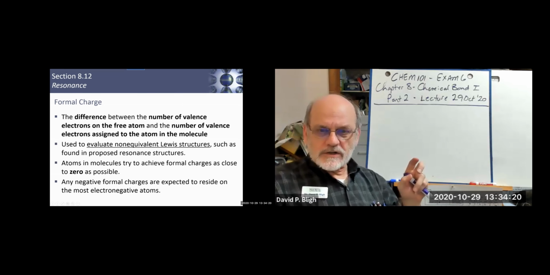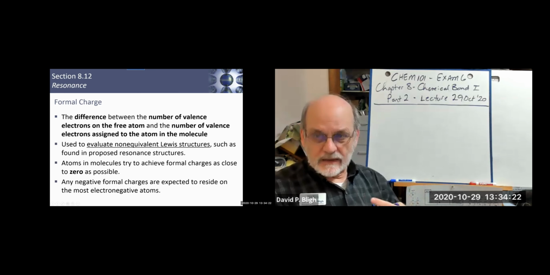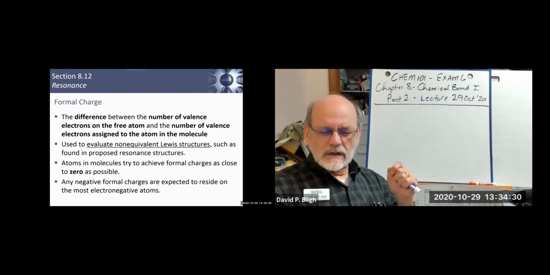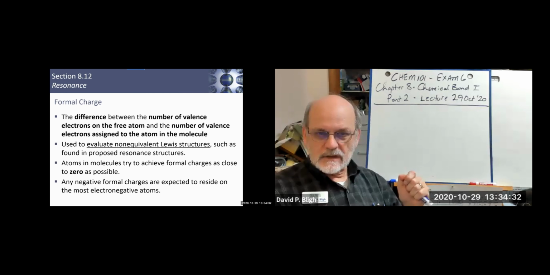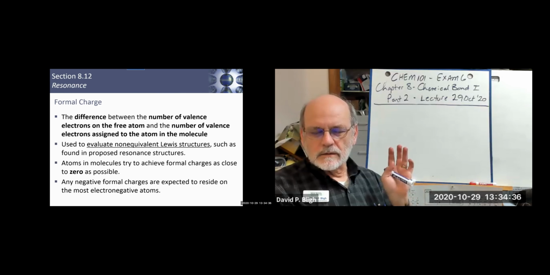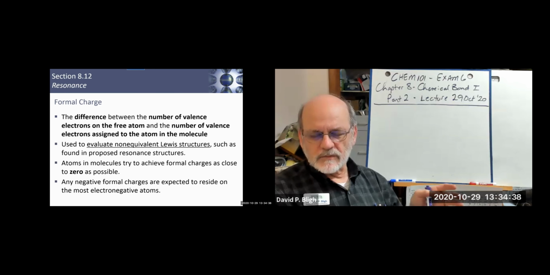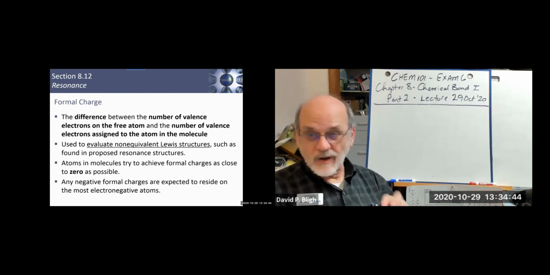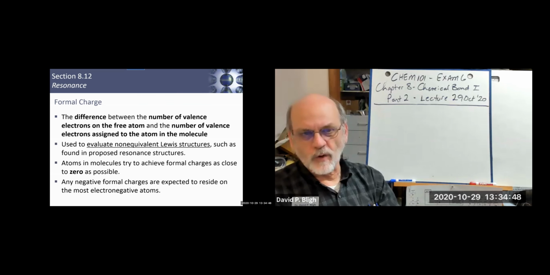The formal charge is a way of bookkeeping electrons, kind of like the oxidation state that we used earlier. The formal charge is more useful for covalently bonded compounds. What it says is the formal charge, which is not really a charge, it's just a way of expressing it.